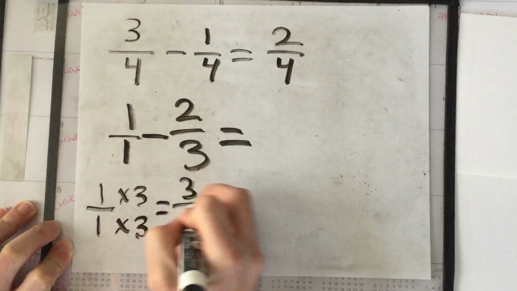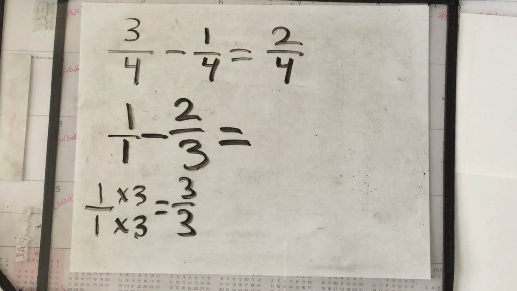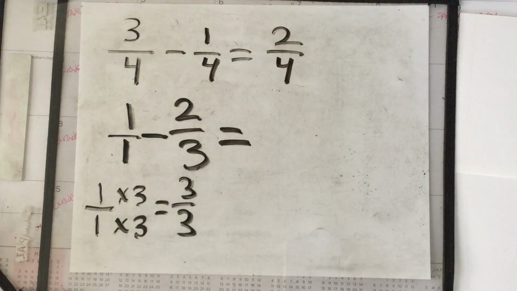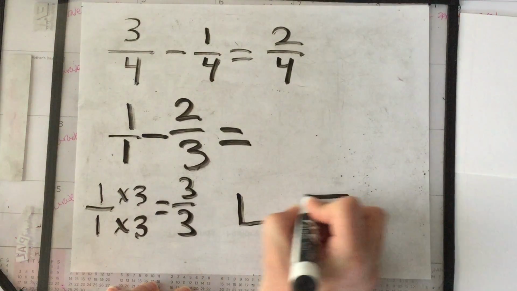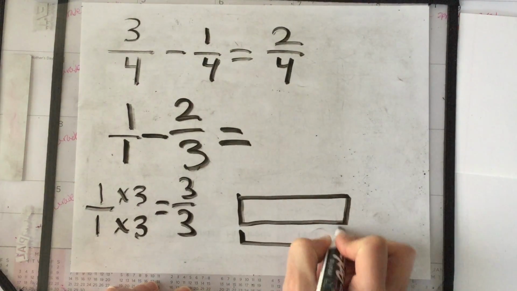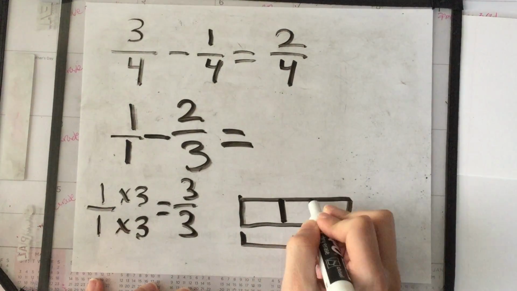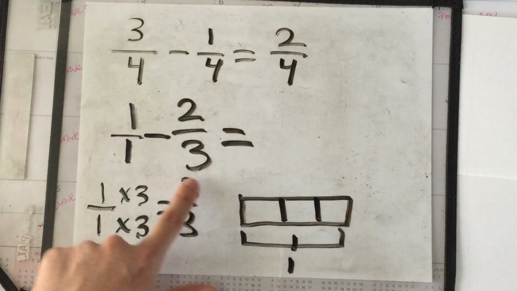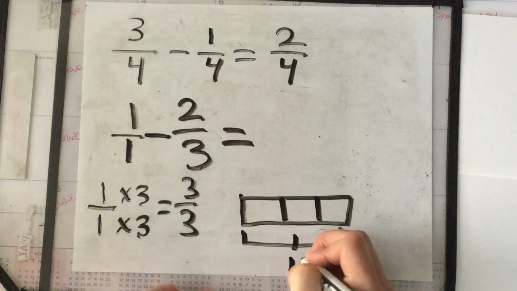So now I have 3 over 3, which is something we've talked about for a while now. One whole thing equals the same number on the top and the bottom. If I were to draw my tape diagram, right, this whole thing is 1. But if I wanted to make it into thirds, there it is. 1/3, 2/3, 3/3 makes up one complete thing.